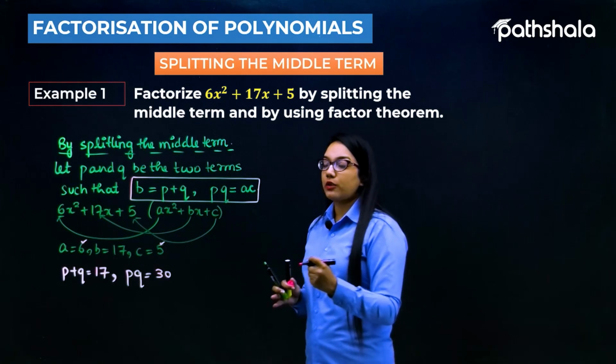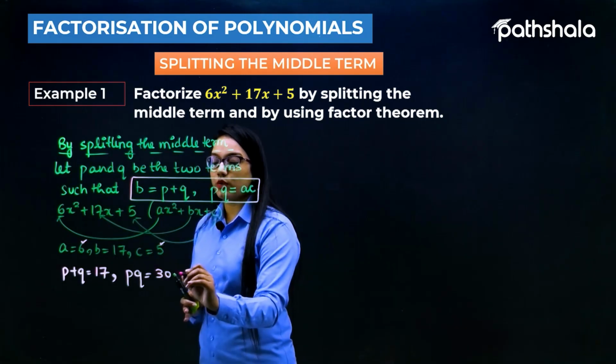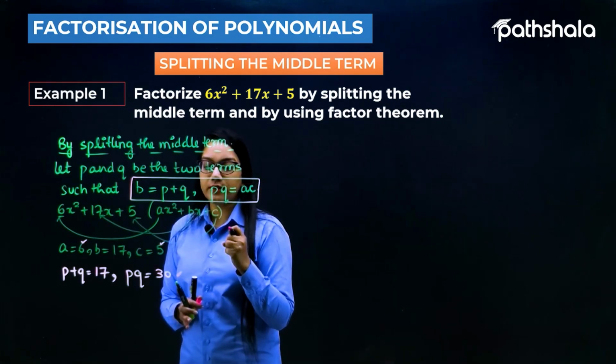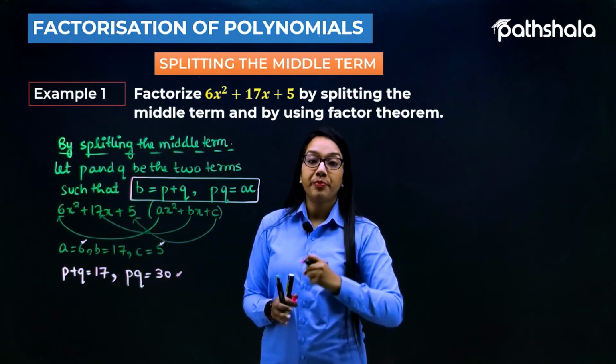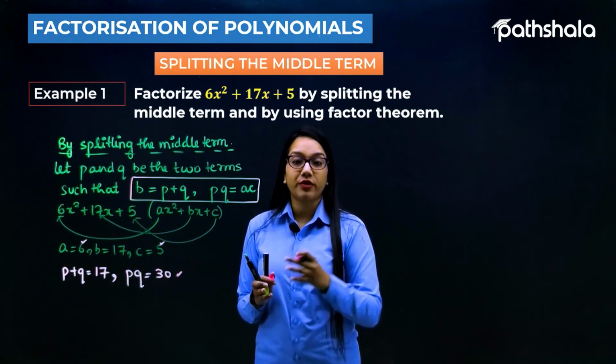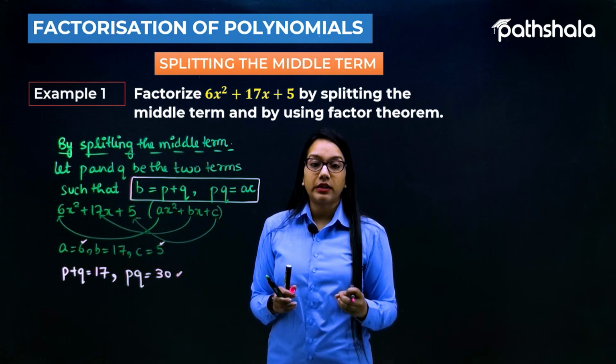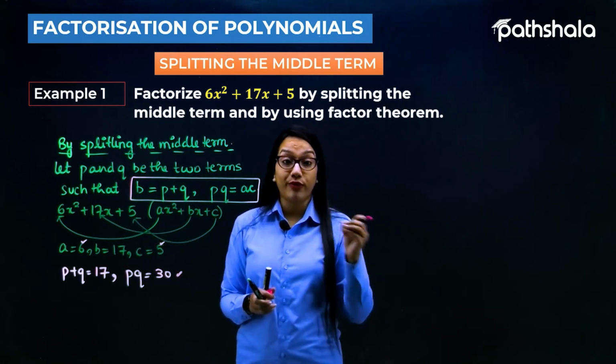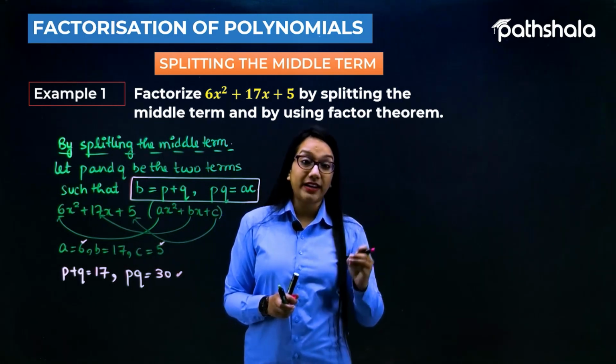Now let us talk about the second equation, which is PQ is equal to 30. Let us find the pairs of the factors of 30, such that if we multiply any two factors, we see what we will get after adding them.